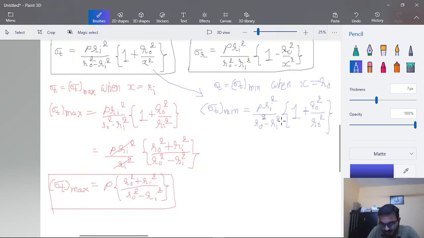So the final equation will be equal to 2P Ri square divided by Ro square minus Ri square. So this is sigma T minimum.